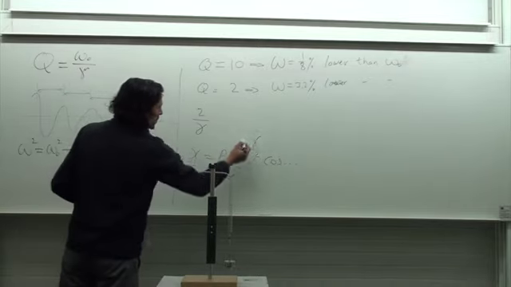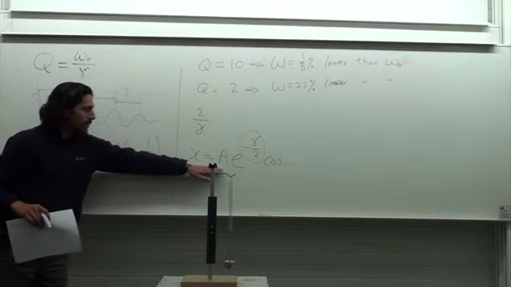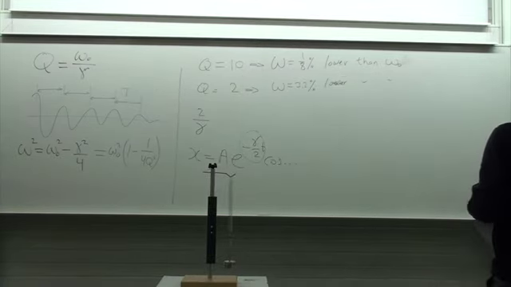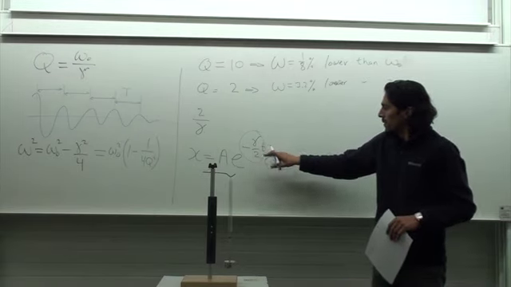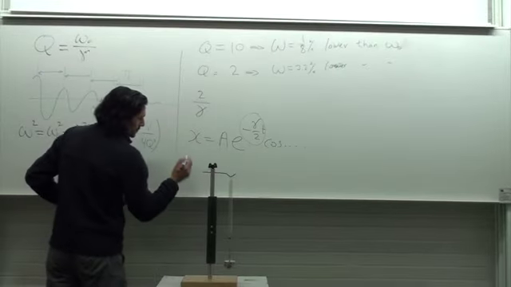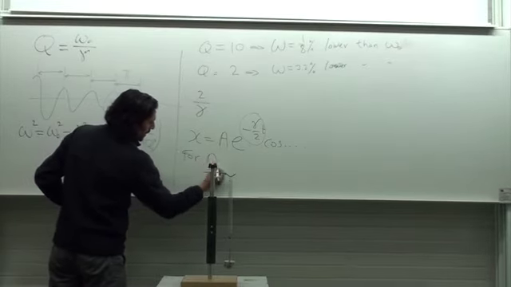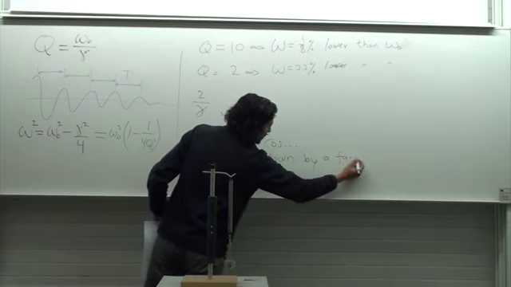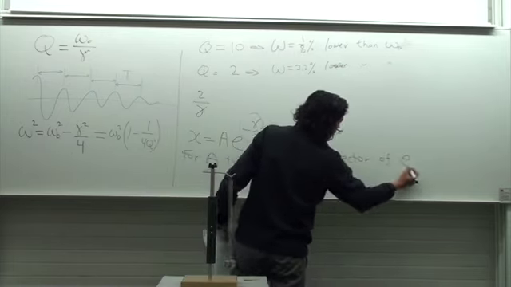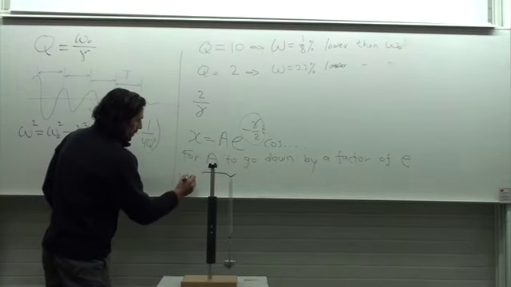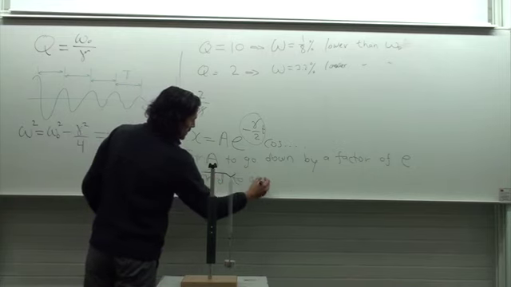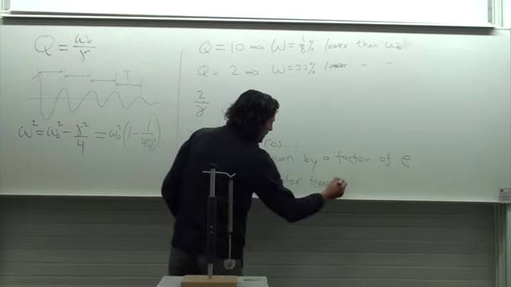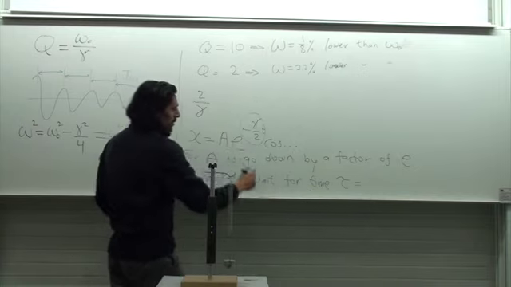So for A to go down by a factor of e, we need to wait for a time, say tau equals 2 over gamma.